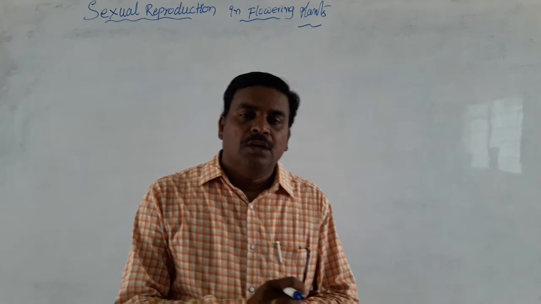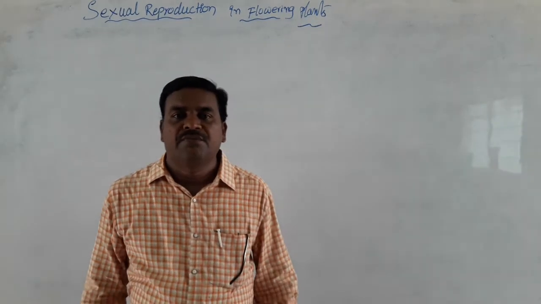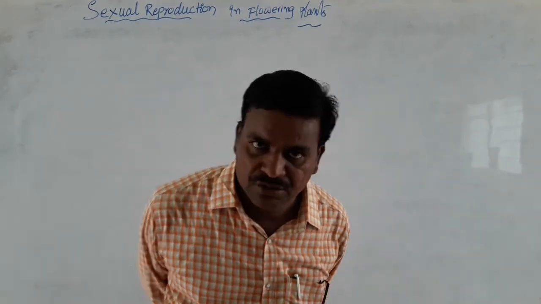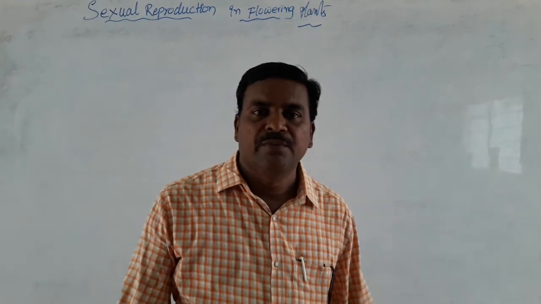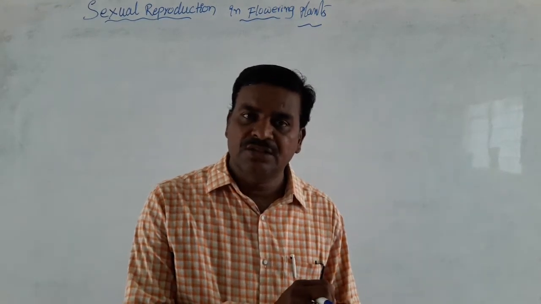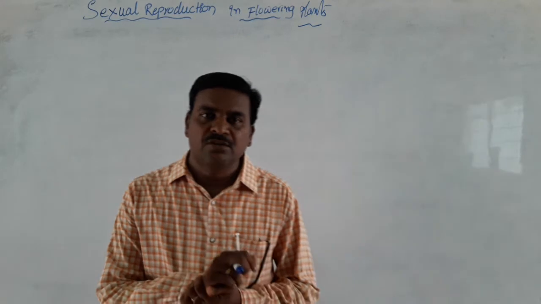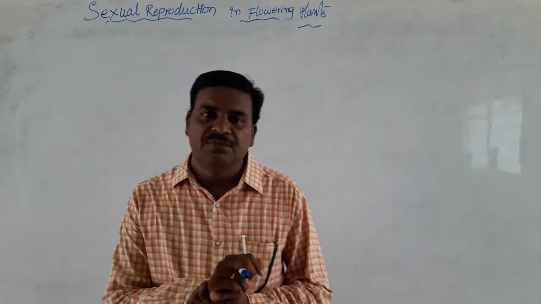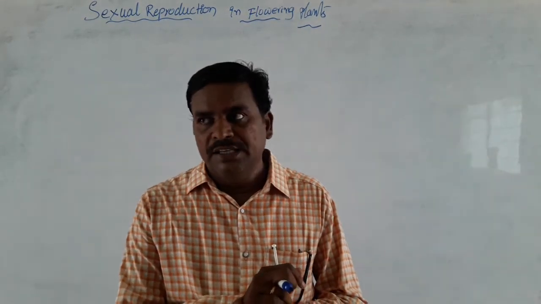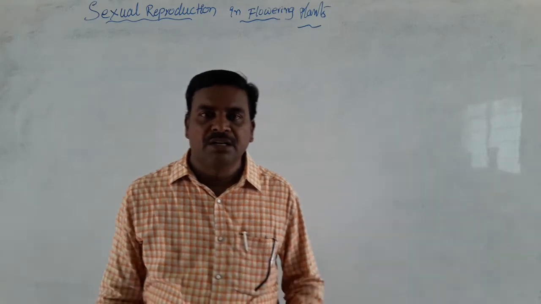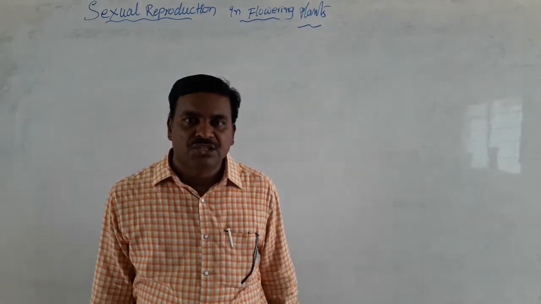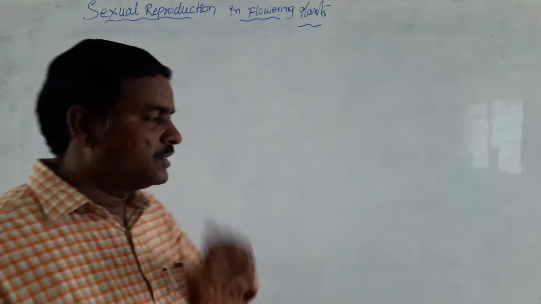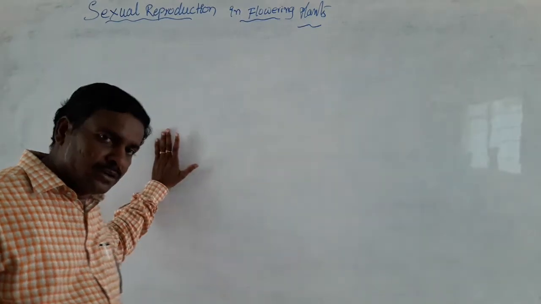Embryology deals with the formation of male and female sexual gametes, formation of male and female gametophytes, fertilization, formation of zygote, development of embryo, development of seed and seed structure. All these are studied in the separate branch of botany, that is embryology.